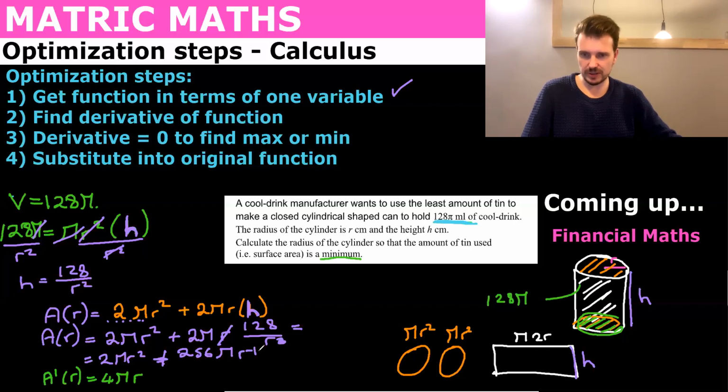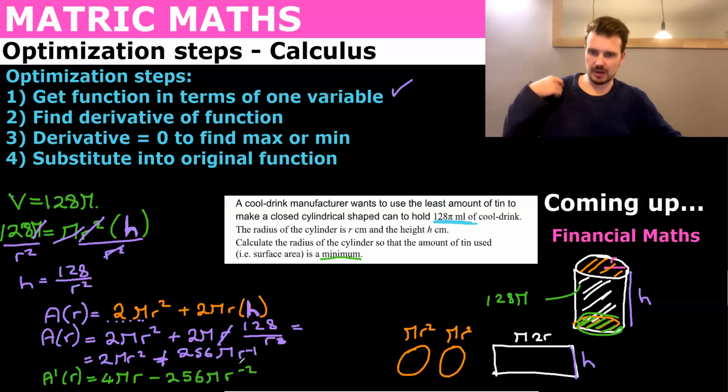Then 256 pi r to the minus 1: minus 1 times 256 is minus 256 pi r to the minus 2, which is r squared. And so that's the second step done.